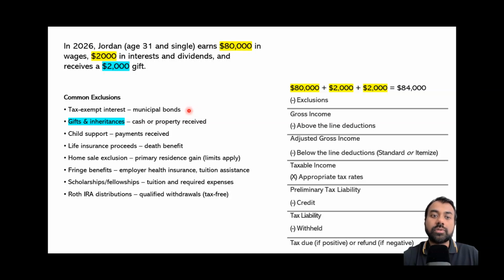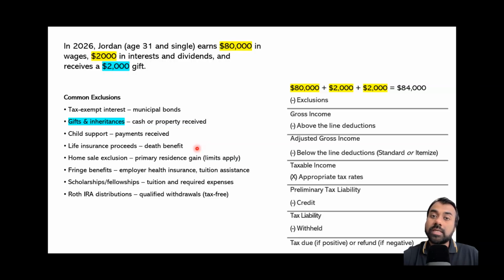So you can exclude the interest from municipal bonds from your gross income. Gift and inheritance, that's another common exclusion item. Child support that you might be receiving, those are also not taxable. So they are not part of your gross income.